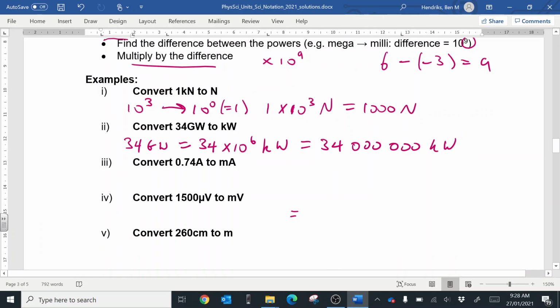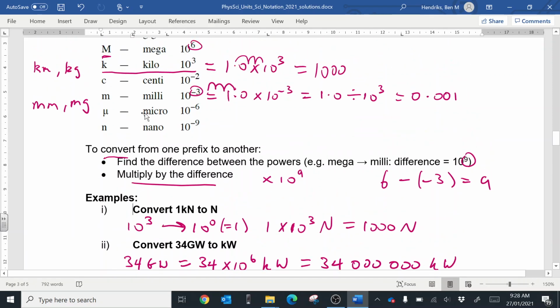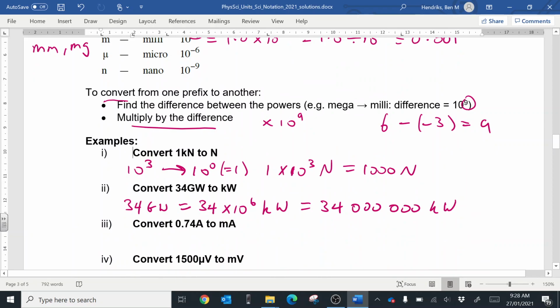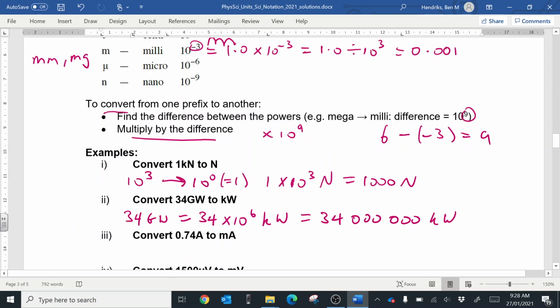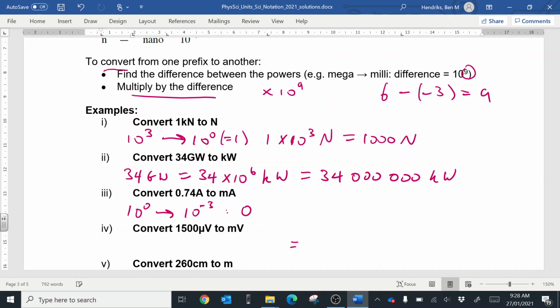Okay, convert 0.74 amps to milliamps. Okay, so an amp is like our 10 to the 0 again, so that's our base unit. And then the milliamp is 1,000th of that. So if we wanted to, we could go 10 to the 0 to 10 to the negative 3, and we could say that is 0 minus a minus 3.